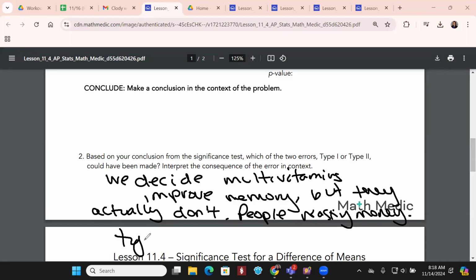So this is a type 1. We rejected H0, so this should be type 1. Here, look at the difference between these two. This little chart does a good job.